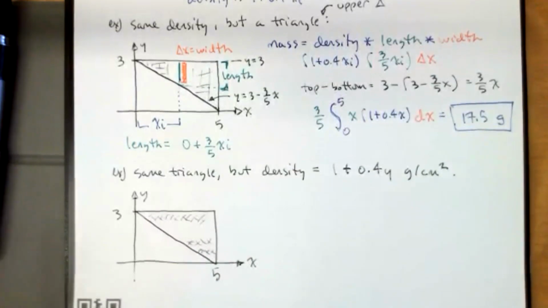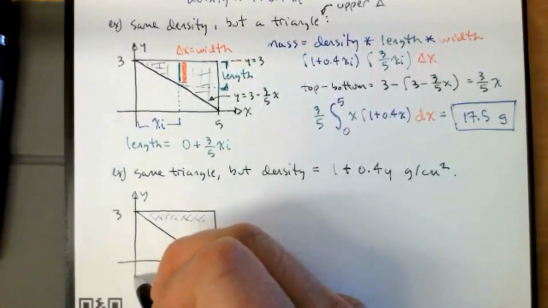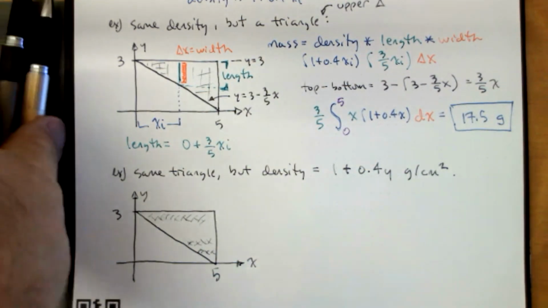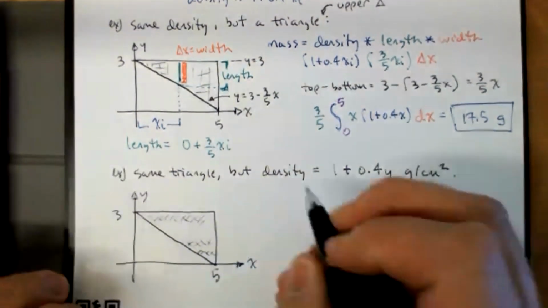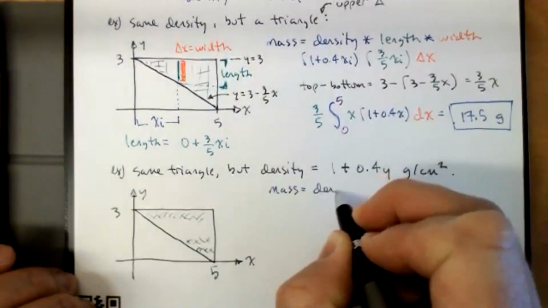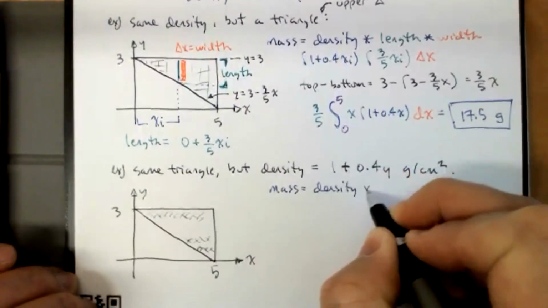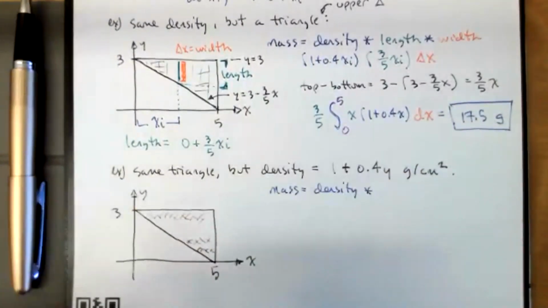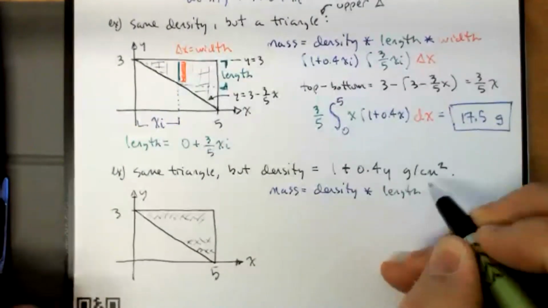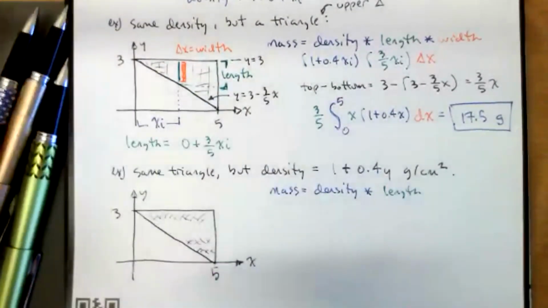So the difference in this problem, I still have a variable density. And we still want to calculate mass as density times area. And so that's still going to be density times length times width.